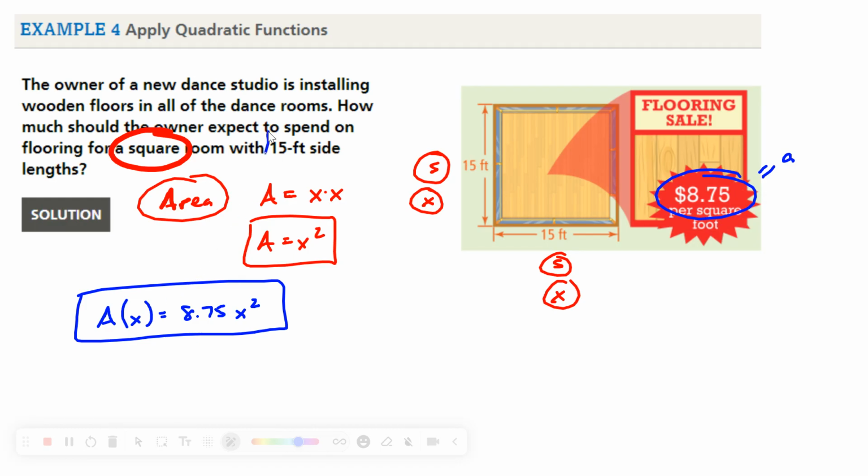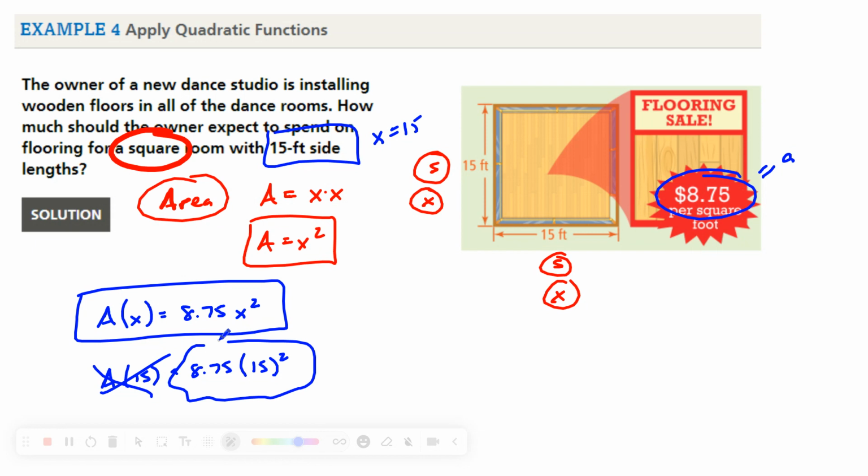So now we have 15-foot sides. Well, that is our X value. That's our input. So just plug it in. So A of 15 equals 8.75 times 15 squared. Ignore the A of 15. We're just going to take 8.75 and times it by 15 squared.